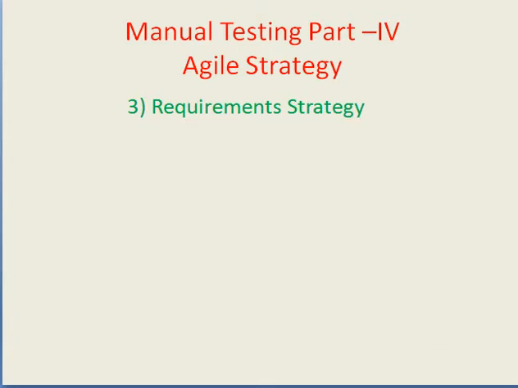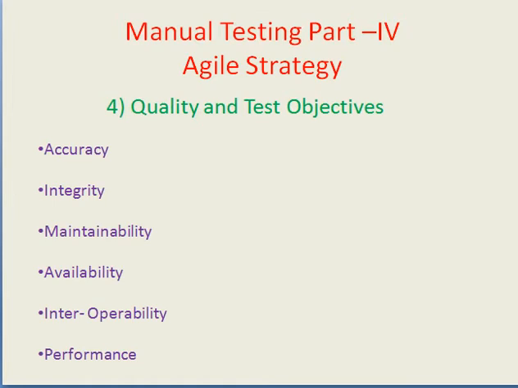Then there can be quality and test objectives that are important for the software. So first is accuracy. Now for each of these quality and test objectives, you can give the description, you can give any target that you want to achieve, and you can also give the priority.